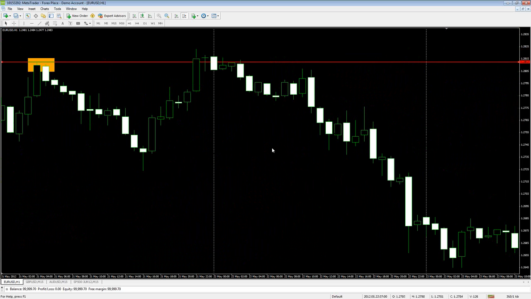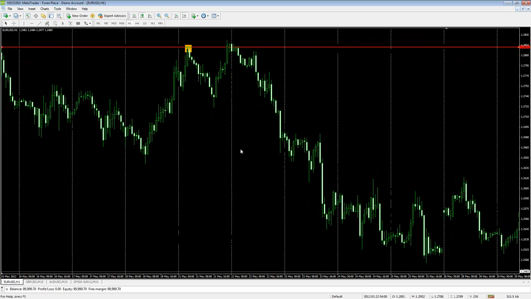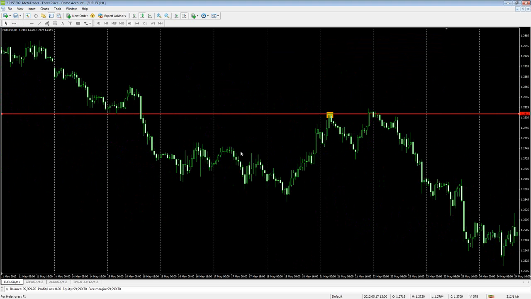So first of all, look for resistance and support areas. The best trades, and the safest trades with regards to the risk-return ratio, are to look for these lines or areas where support turns to resistance, or resistance becomes support.